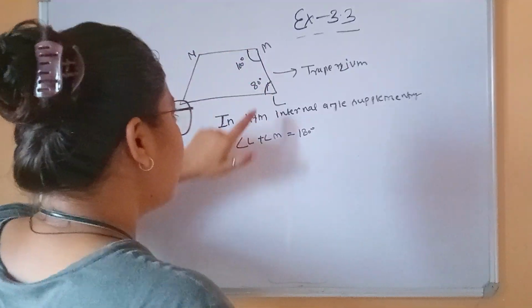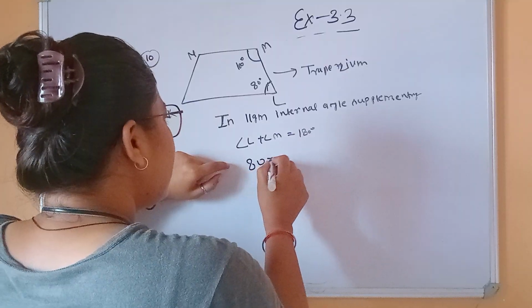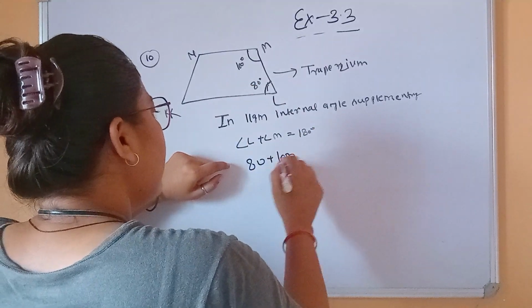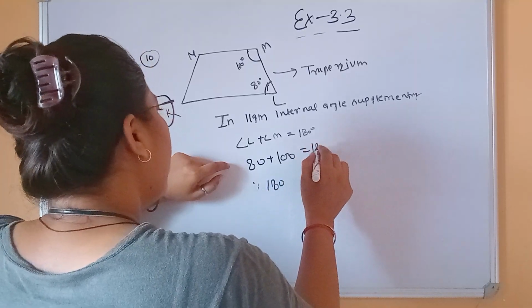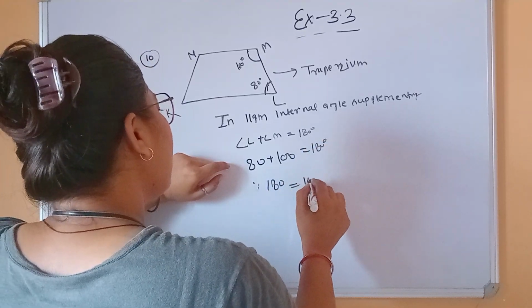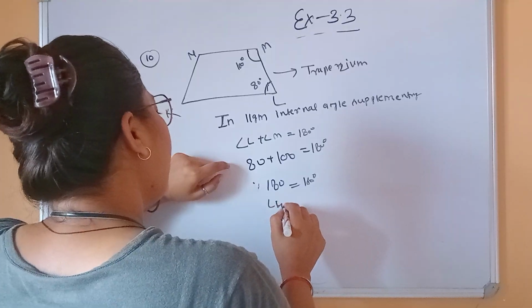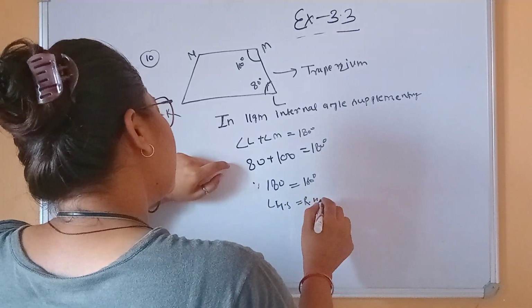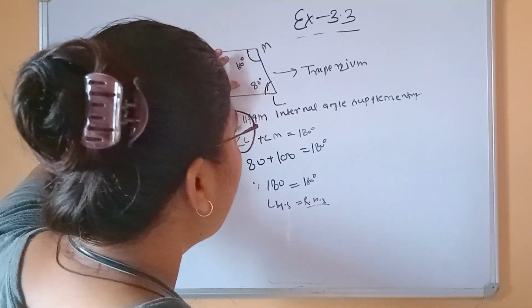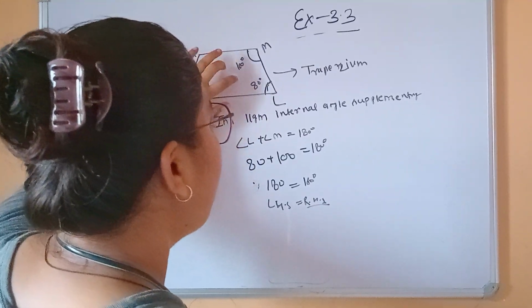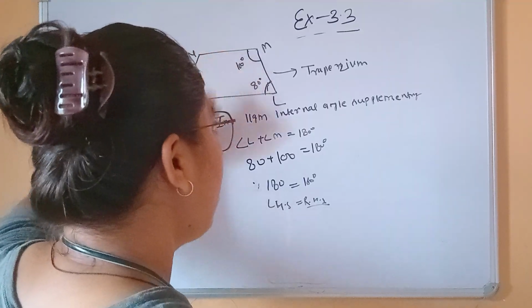So here angle L is given 80 degree plus angle M is given 100 degree. So from here we find 180 degree. 180 degree is equal to 180 degree, so here LHS is equal to RHS. That means the given trapezium has two parallel sides because it follows the property of parallelogram.